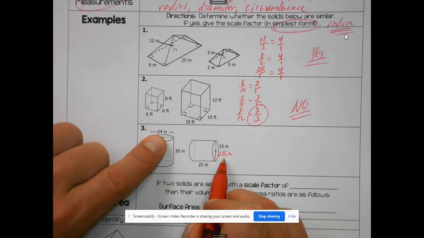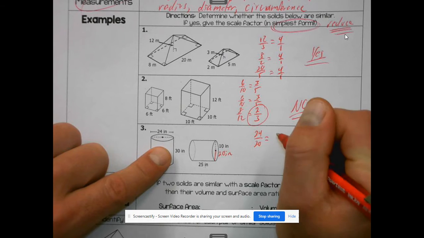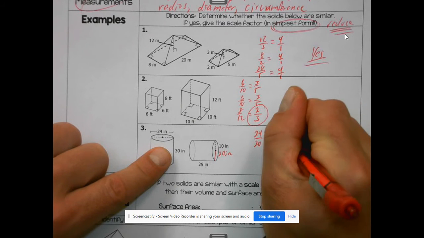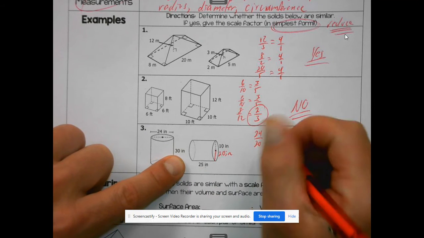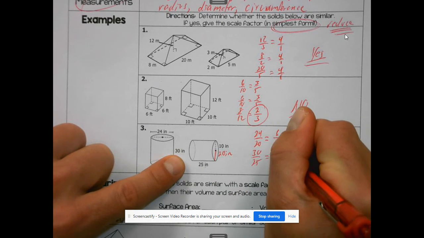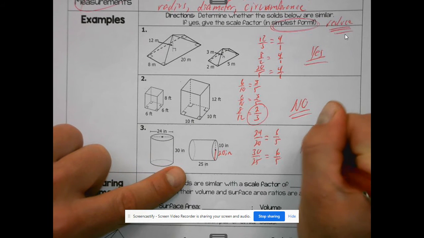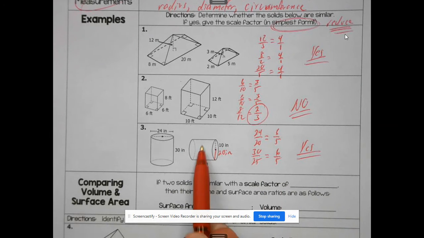So diameter to diameter, 24 to 20. That reduces to 6/5. And then the heights, 30 over 25. That also reduces to 6 over 5. So yes, they match up. They are similar. And the scale factor is 6 to 5 if you're going that to that.